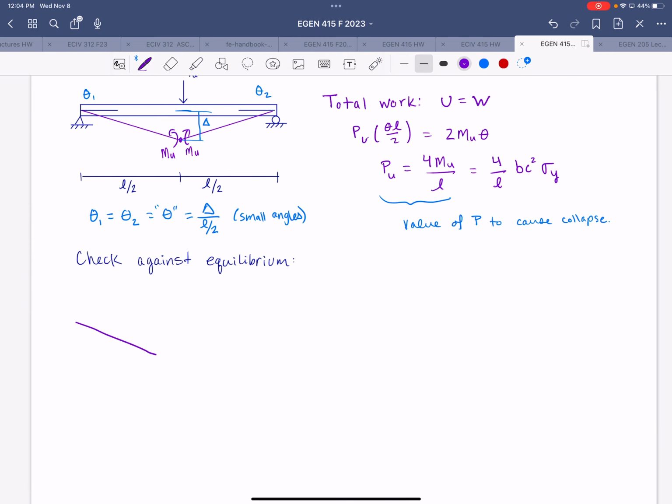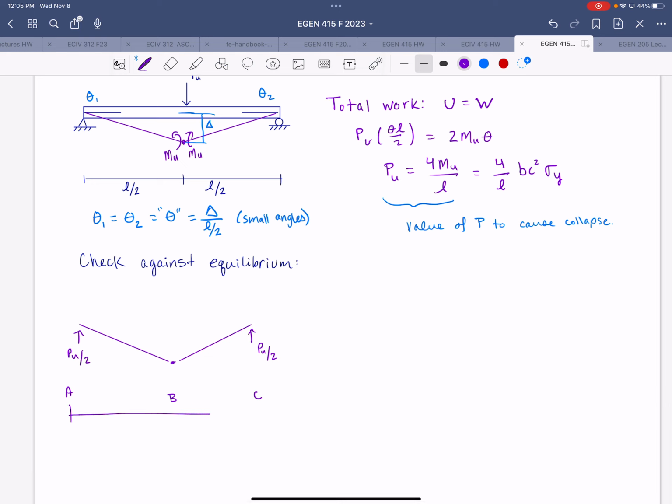So looking at the collapsed state, we'll break the beam into 2 segments. So we have, I'll call this side A, call this B, and this C. So we have the reaction forces at the ends would be each Pu over 2, since it's symmetrically loaded and supported.